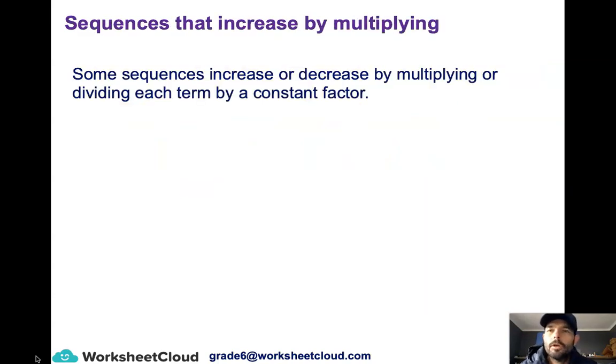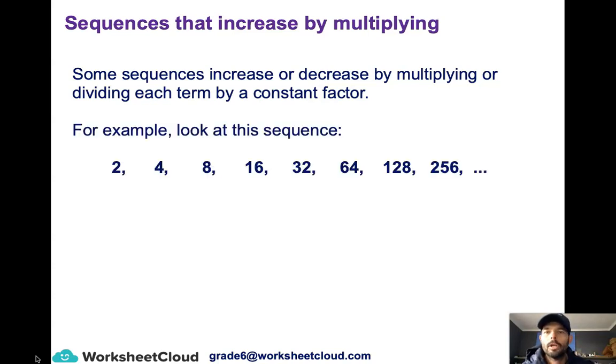We can also have a look at sequences that increase by multiplying. Some sequences increase or decrease by multiplying or dividing each term by a constant factor. We've only just looked at adding and subtracting, and now we're going to have a look at multiplying. If you have a look at this sequence, you should be able to recognize that the number doubles each time.